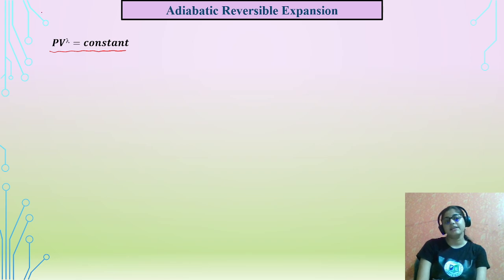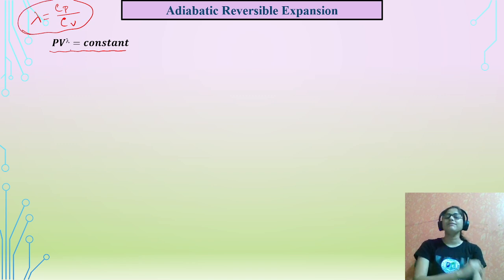Gamma we have read in the portion of heat capacity, Cp by Cv. That's why I taught you that one first.